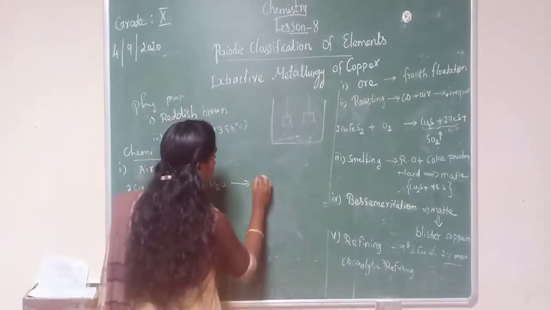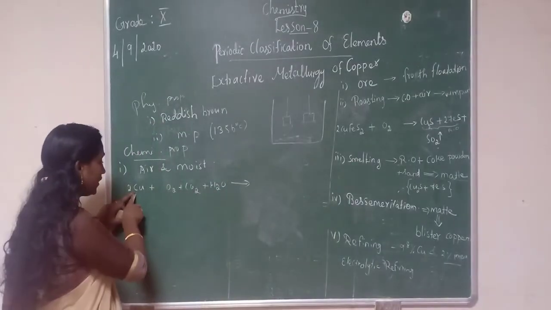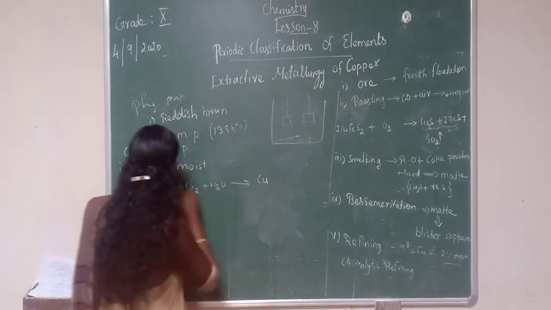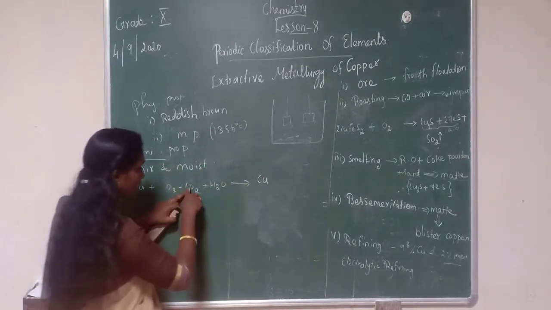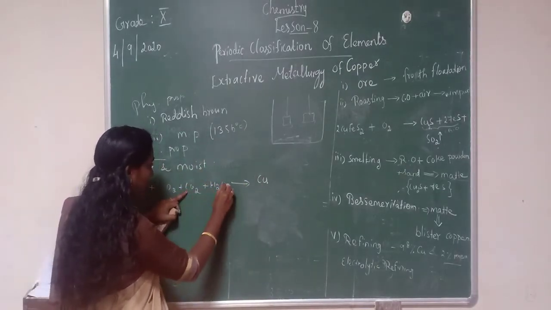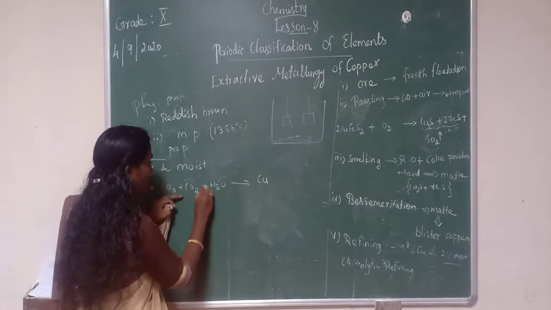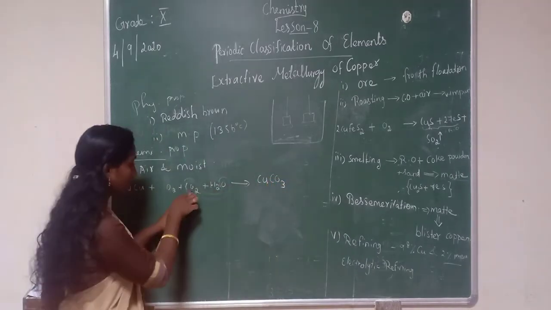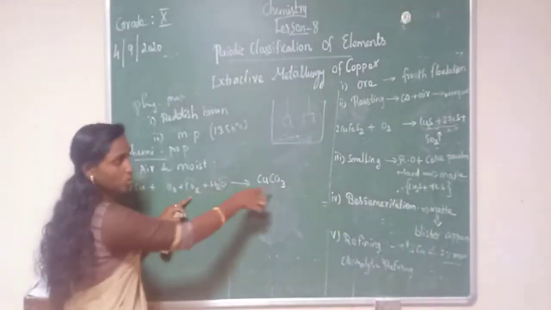Here 2 copper is there, so Cu, Cu, then carbon dioxide combined with one oxygen to form CO3. Look here, 2 oxygen plus 1, so 3.